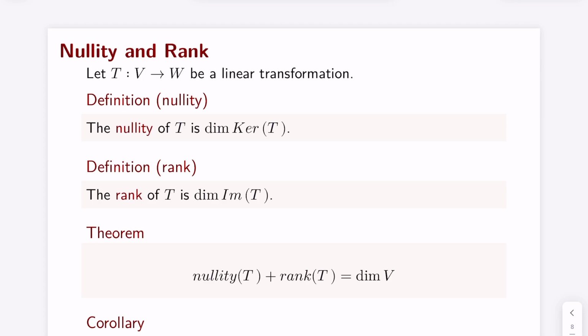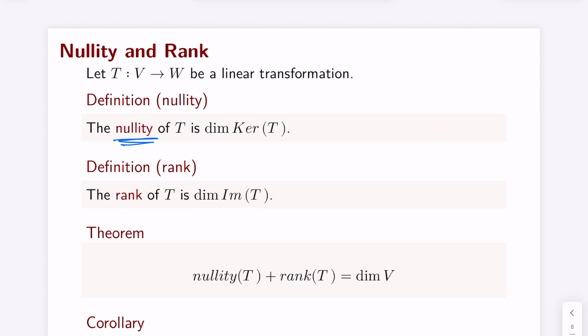We recall the names for the dimensions of these spaces. So now that we know that the kernel is actually a subspace, it has a dimension. The dimension of the kernel is going to be called the nullity of T, and the dimension of the image subspace is going to be called the rank of T. And you can verify this definition of rank coincides with the definition of rank that we have for matrices and for the spaces of vectors Rn.